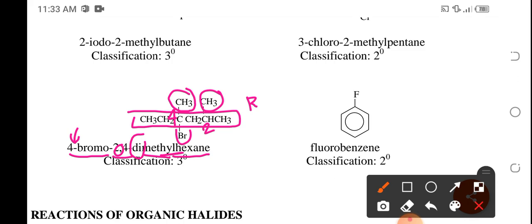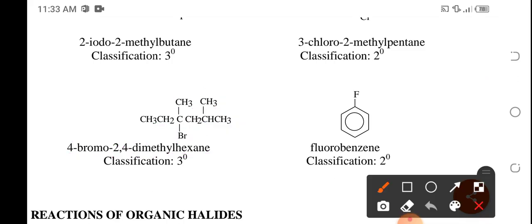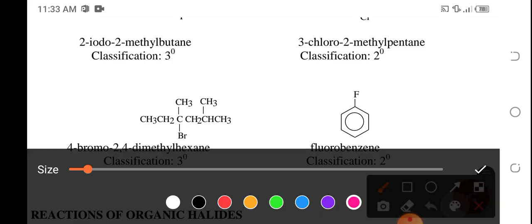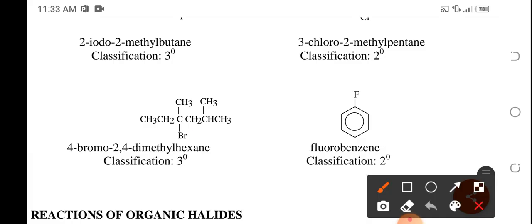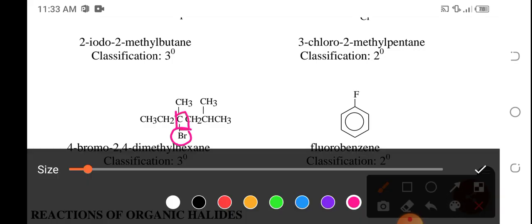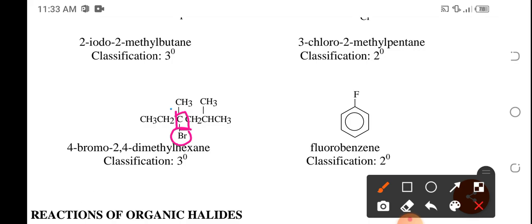No spaces in between the name of the substituent and the parent chain. The classification here is tertiary because our reference is the halogen. It is attached to this carbon atom, and that carbon atom has 3 other carbon atoms attached to it. That's why it's tertiary.